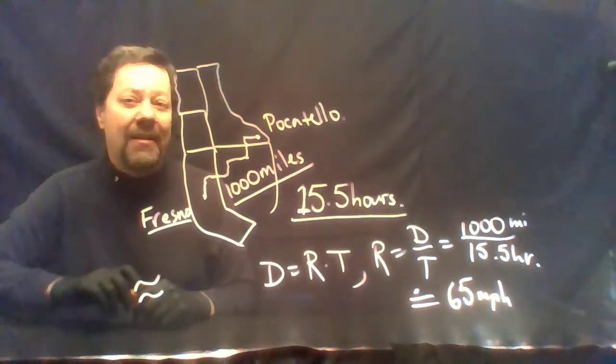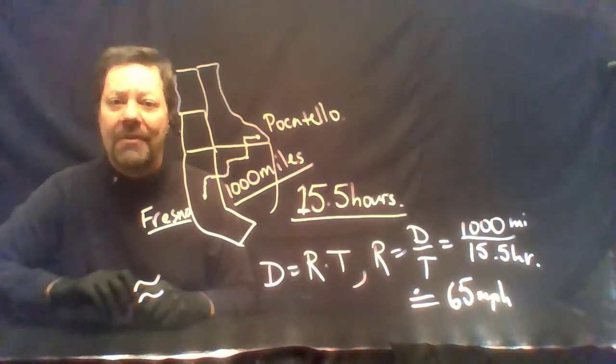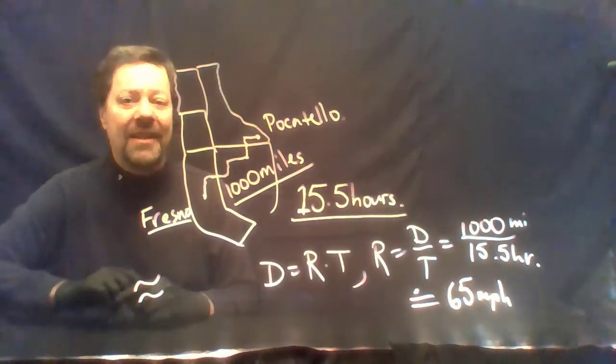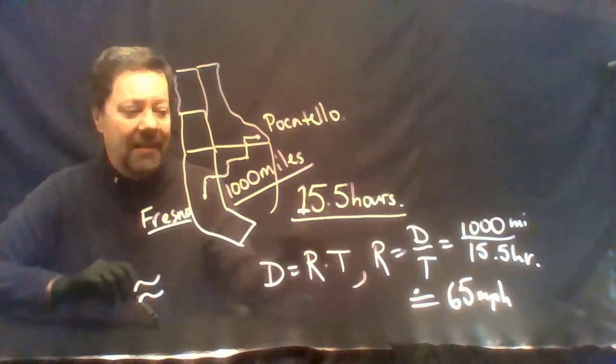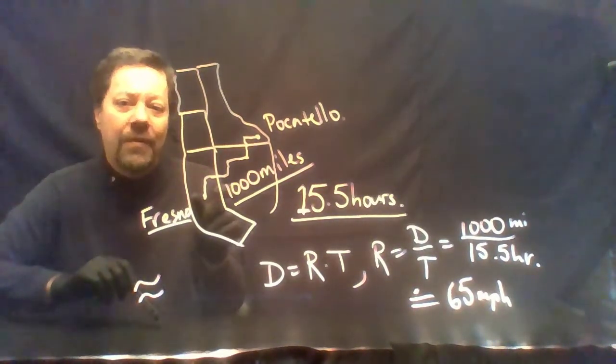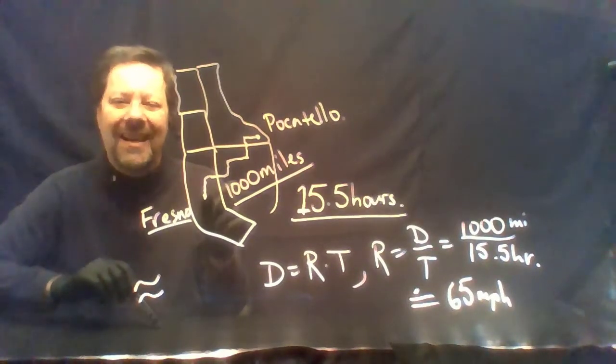How can I get a better estimate for how fast I was going at any particular moment? The answer to that is, I need to take these estimates for the average velocity over smaller and smaller time intervals.